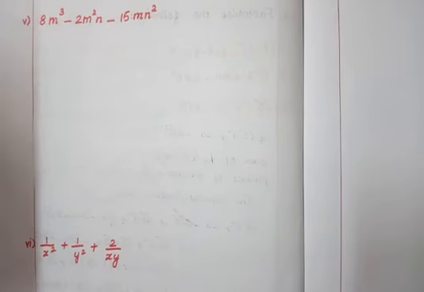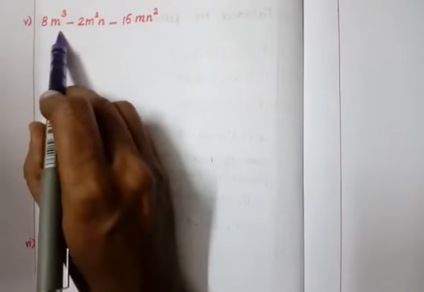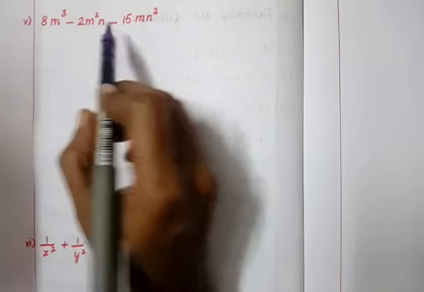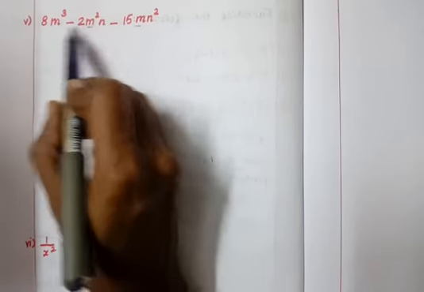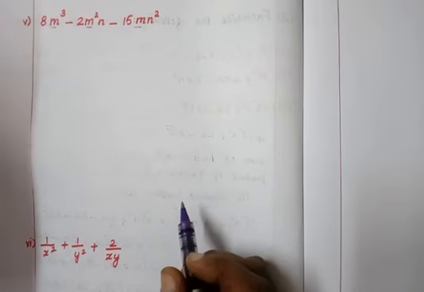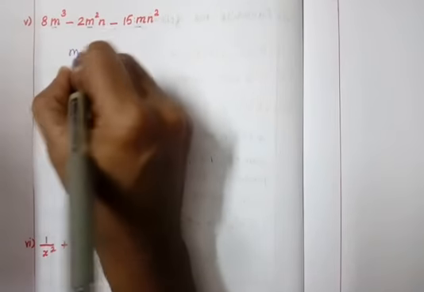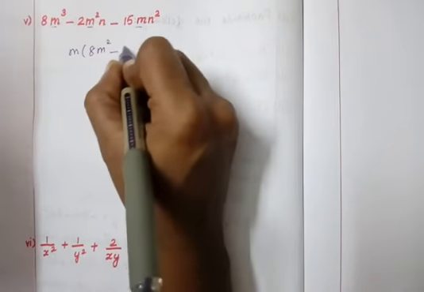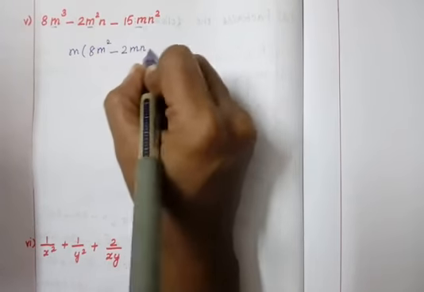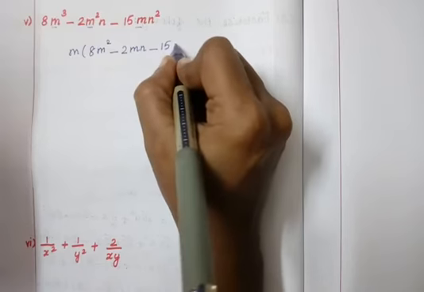Now fifth question, 8m cube minus 2m square n minus 15m n square. Here m is common. So first we take m outside. So m into 8m square minus 2mn minus 15n square.